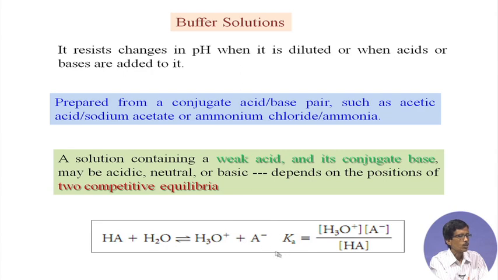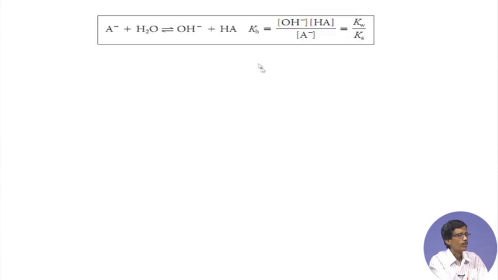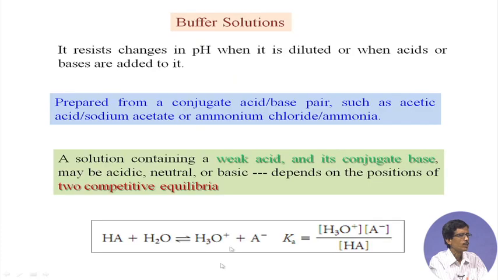So, this K value is the concentration of H3O plus and A minus divided by the acid concentration, which is termed as the Ka, that means a stands for acid.